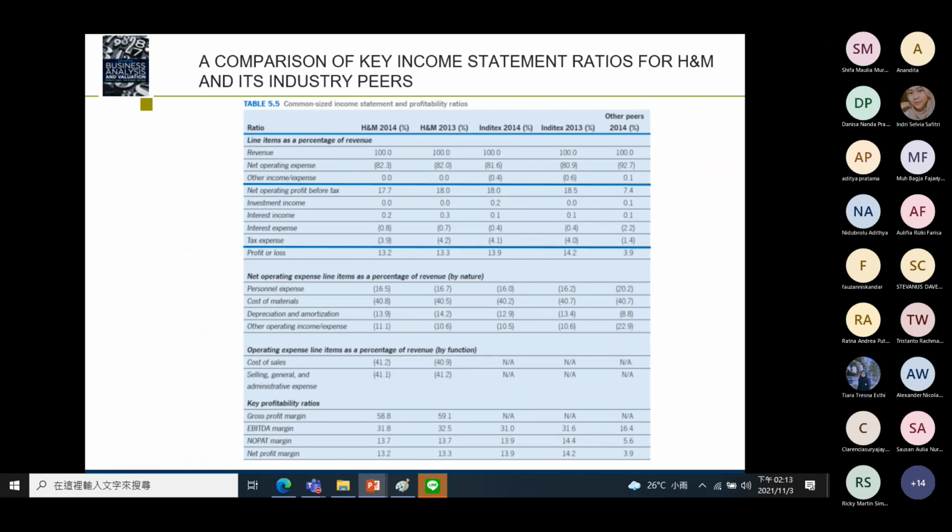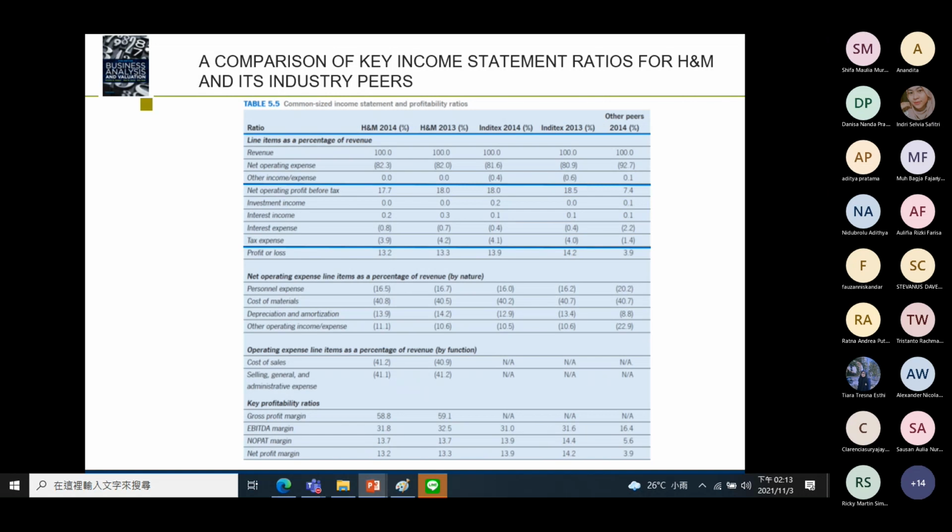We will use the information in Table 5.5 to investigate why H&M had a net profit margin of 13.2% in 2014 and 13.3% in 2013, while Inditex and the other industry peers had net margins of 13.9% and 3.9% respectively in 2014.